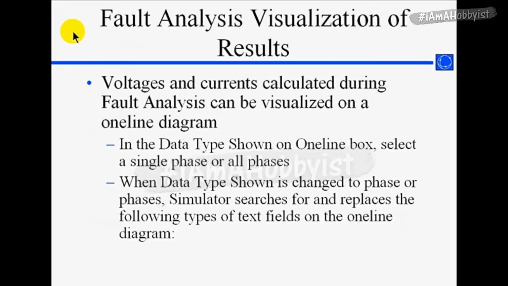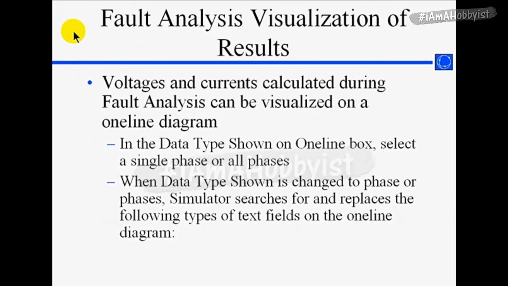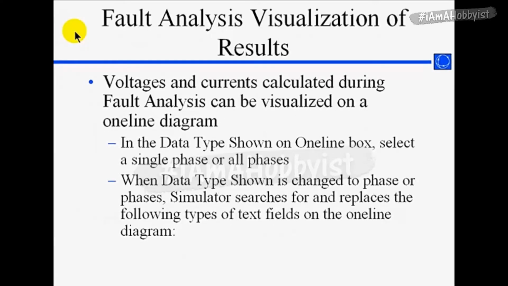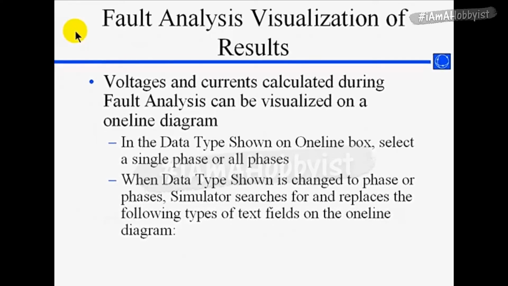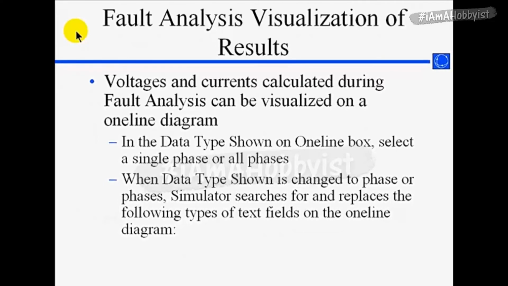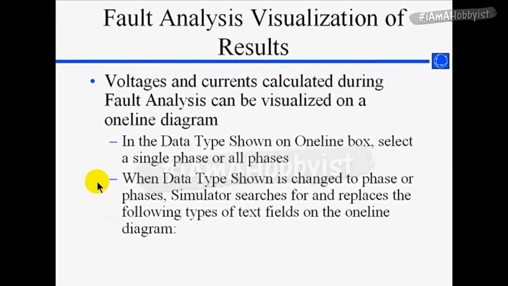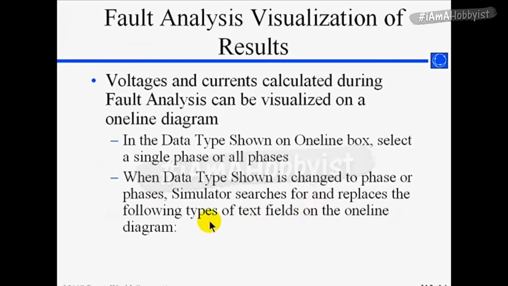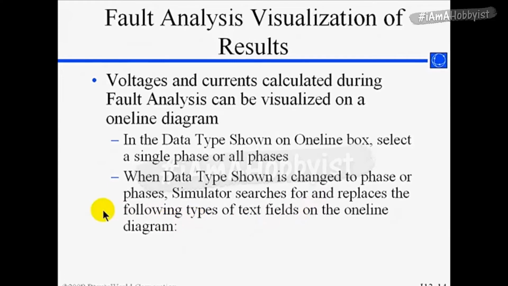And then we demonstrated how voltages and currents for different phases can be visualized on the one-line diagram. The next slide shows how the flows and field values are replaced on the one-line diagram to reflect the fault quantities.